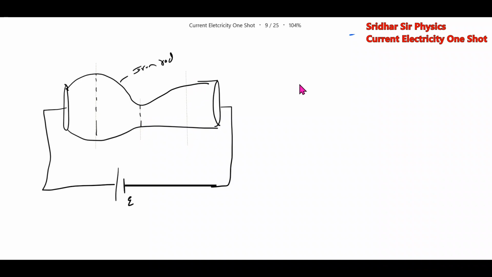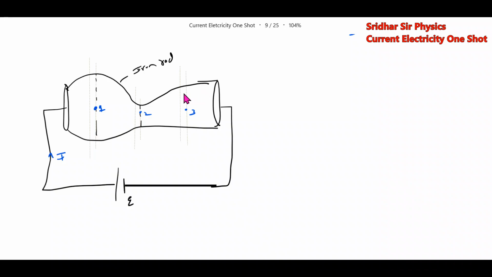So these are some points I'm showing: point 1, 2, and 3. So the current will flow like this. The same current, because they are in parallel. So the current flowing will be the same. Let me assume the structure like this.